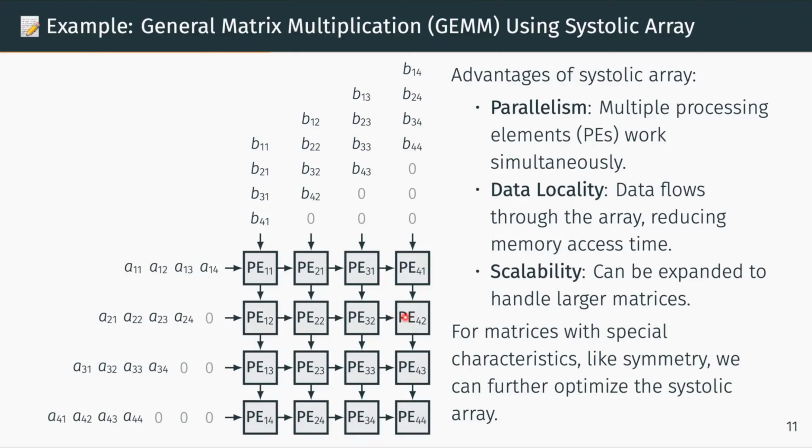And what makes things better is that for matrices with special characteristics, for example if the input matrix is symmetrical, we can further optimize the systolic array to reduce its size. In this example, I want to show that for a given software algorithm, the hardware design is somehow different, and it will really impact the efficiency.